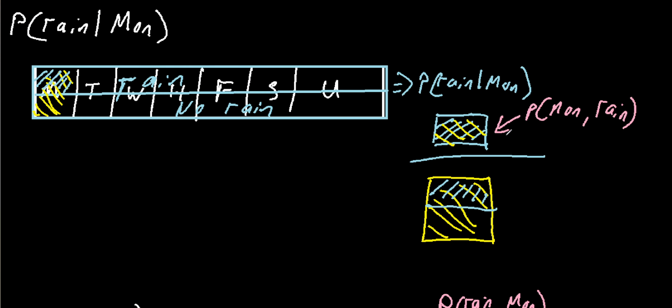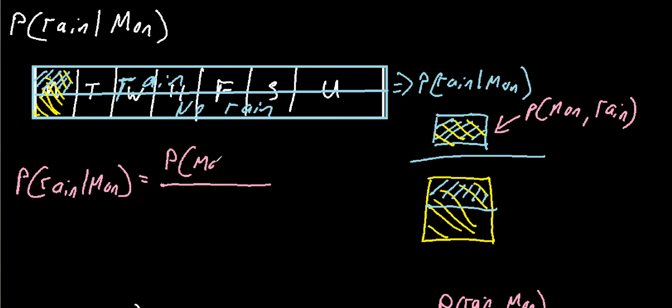Similarly, for the first expression up here, the probability of rain given Monday is equal to the same joint probability that we had below, but now changing the denominator, this time the denominator being the probability of it being Monday.